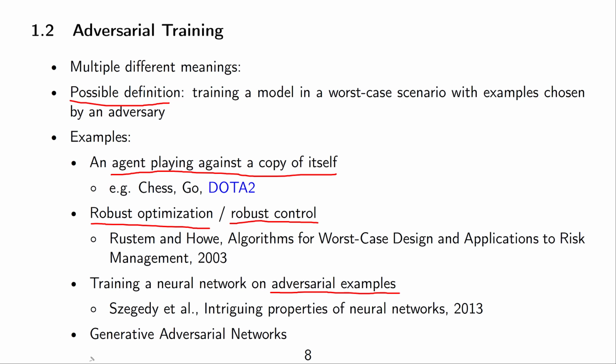And now in this lecture, we'll discuss the last possibility on this slide. This is generative adversarial networks. So to sum up this slide, we can say that generative adversarial networks are one way of adversarial training, but there are several other ways that adversarial training is used in conjunction with deep learning.